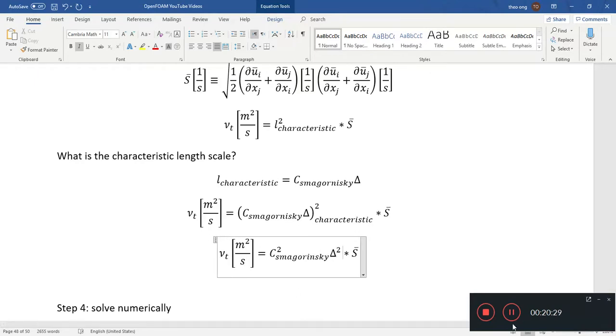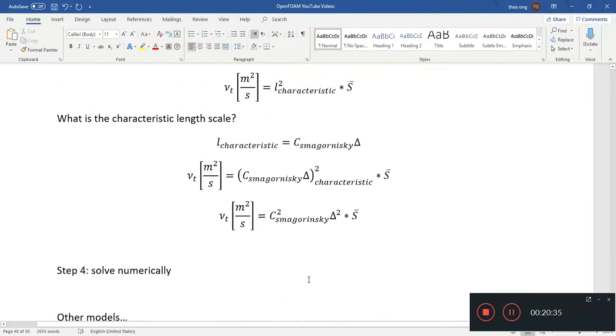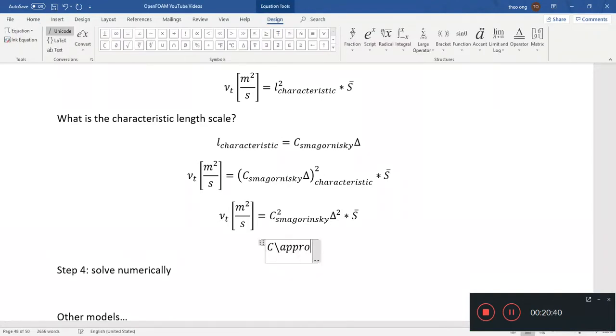This is the Smagorinsky constant. There are some ways of deriving this, or you can do experiments. Depending on where you look, you can set it for your equation.